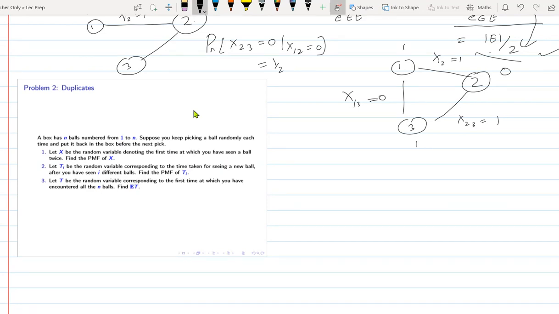X is the random variable denoting the first time at which you have seen a ball twice. You keep on doing this, noting down the numbers, and at some point you will see a duplicate. What is the probability mass function of this random variable?